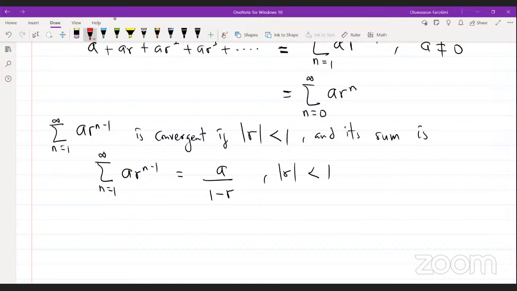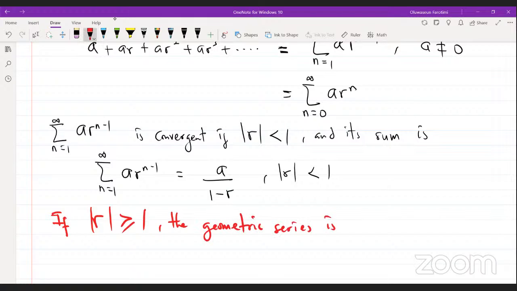But we have a question. What if the common ratio is bigger than 1, or what if it is equal to 1? That's when we have greater than or equal to. The geometric series is divergent. So when that happens, you have some form of divergence.